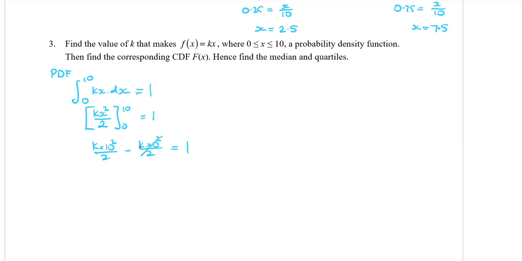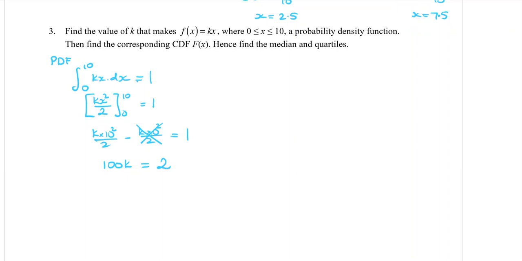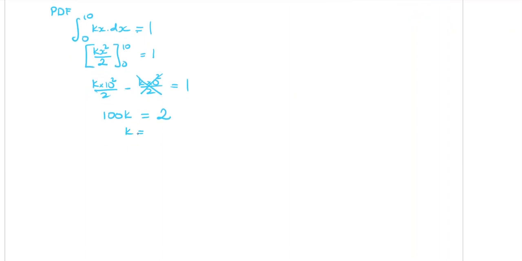Obviously that whole second part is 0. 10 squared is 100, so 100k over 2 equals 1, so 100k equals 2. Then dividing by 100, 2 over 100 is equal to 1 over 50. So the value of k that makes that a probability density function is 1 over 50, giving f(x) = x/50.